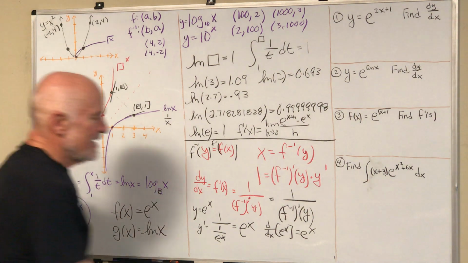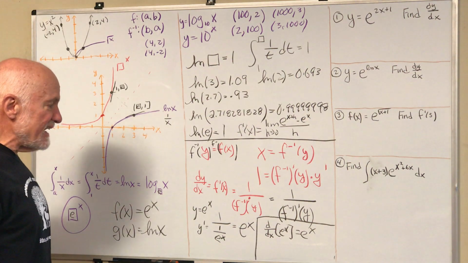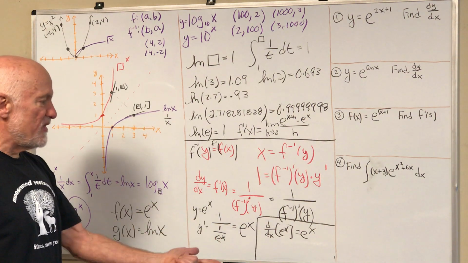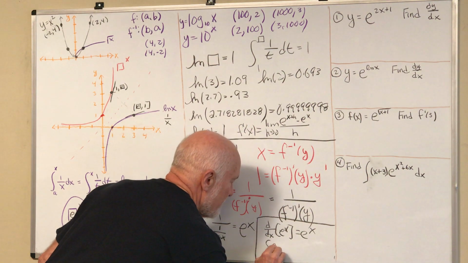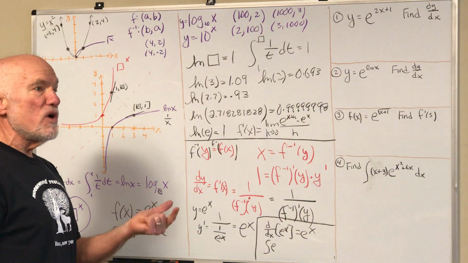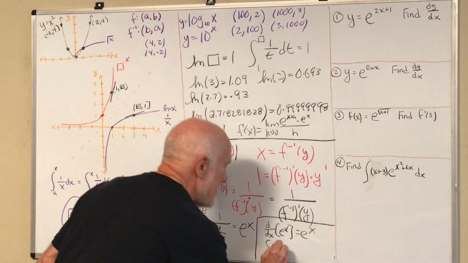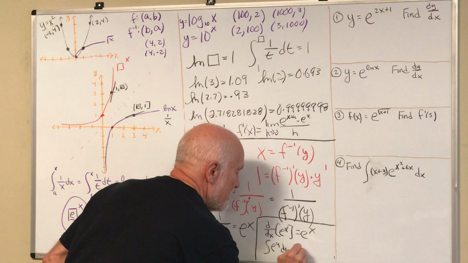And I didn't leave myself that much space, but what's the antiderivative? If the derivative of e to the x is e to the x, then the antiderivative of e to the x is e to the x. But I want this to be a new formula. So I'm going to make it e to the u du.